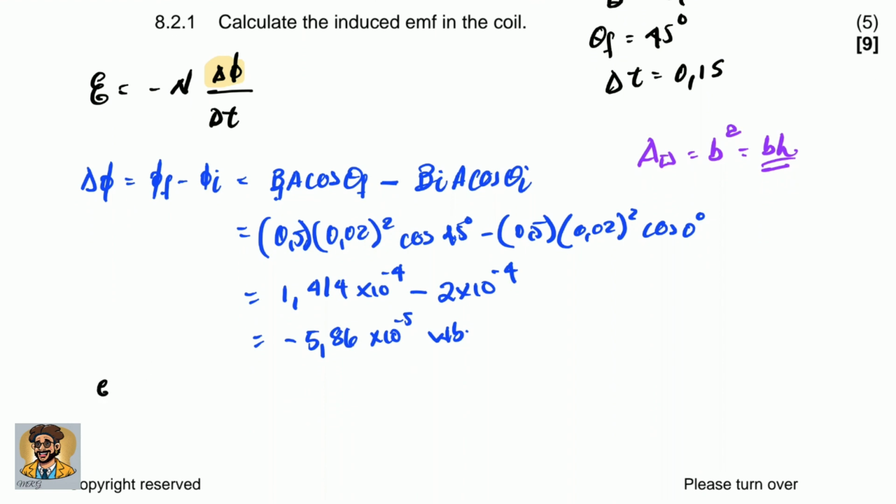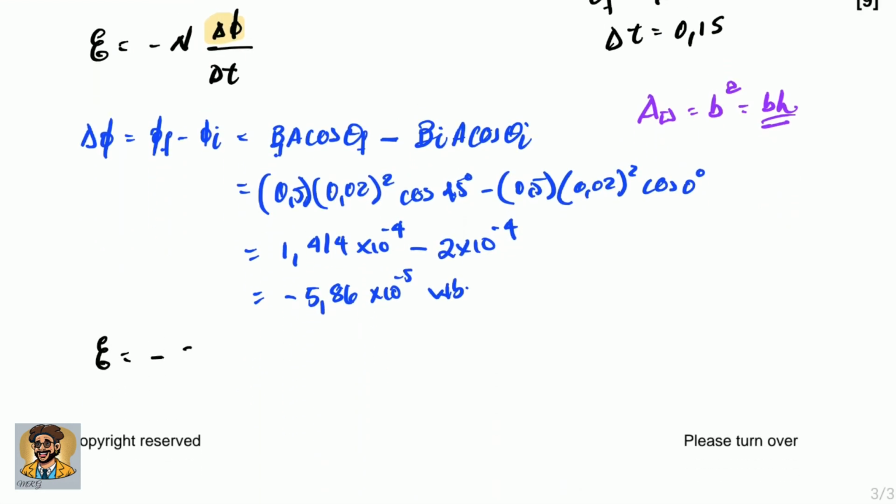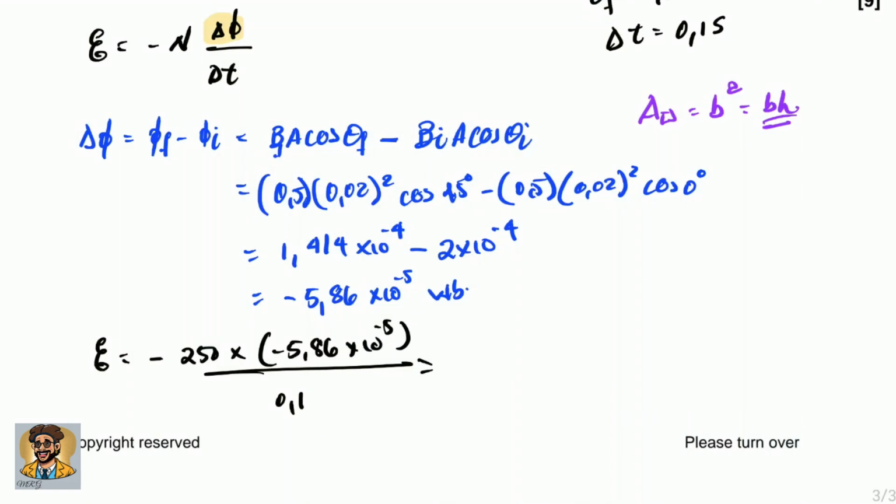The EMF is equal to minus the number of turns, which was 250, multiplied by minus 5.86 times 10 to the minus 5, and the time is 0.1. When you finish this calculation, you will get that the answer is 0.15 volt. That is the final answer for this question, guys.